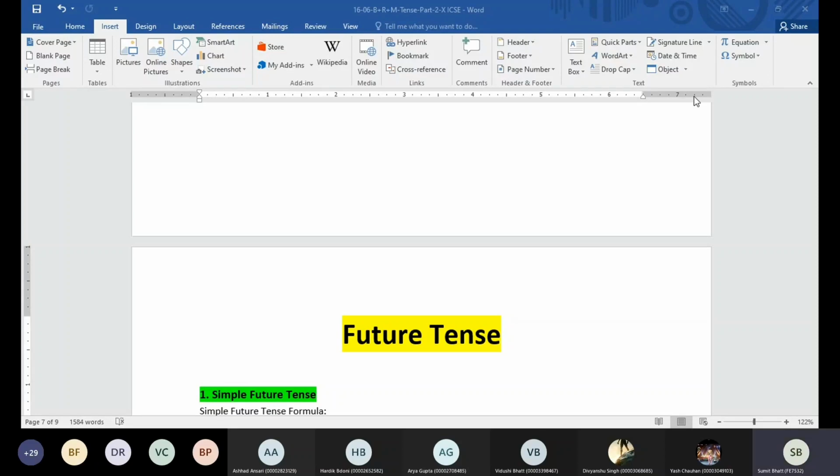Any idea which type of helping verbs we use with future tense? No, sir. No idea. Okay, we'll discuss that once we start with modals. The next topic we are going to start after tense is going to be modals. So there we'll discuss it. For now, just remember future tense is for anything which is going to be done in the future time.